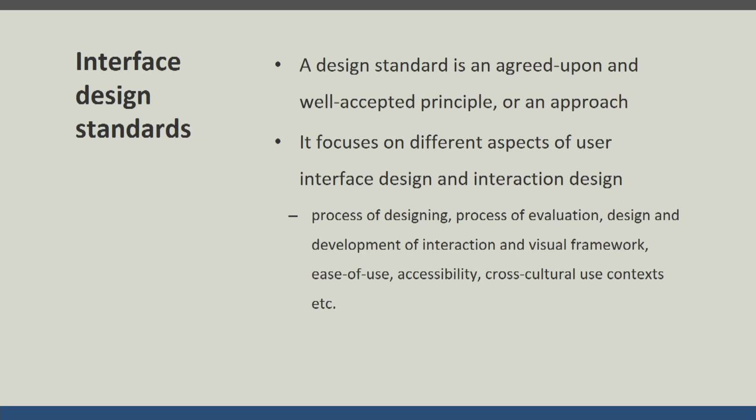Then there is another set of standards which talk about the design and development of the interaction and visual framework. And then there would also be another set of standards which focuses on very essential but specific topics like ease of use, accessibility, cross-cultural use of different interactive products and so on and so forth.